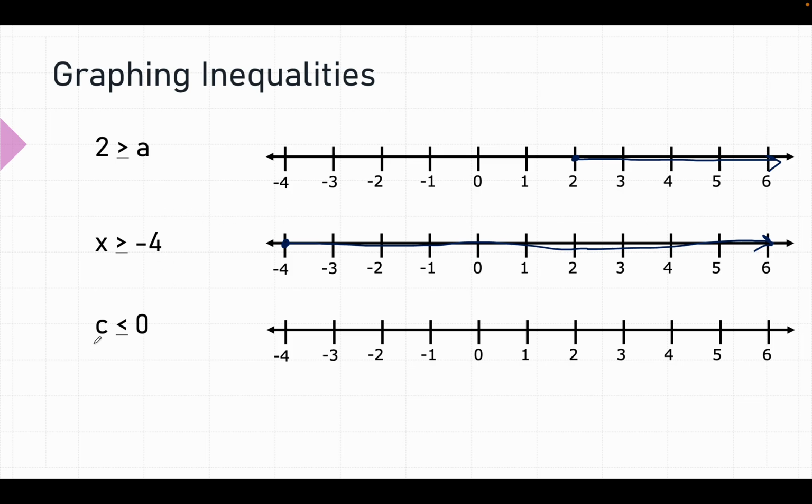Let's try this one. 6 is greater than or equal to 0. I'm going to do a dark circle for the 0 because 0 is also a potential solution. And it says c is less than or equal to 0. So that means that my arrow is going to go this way.